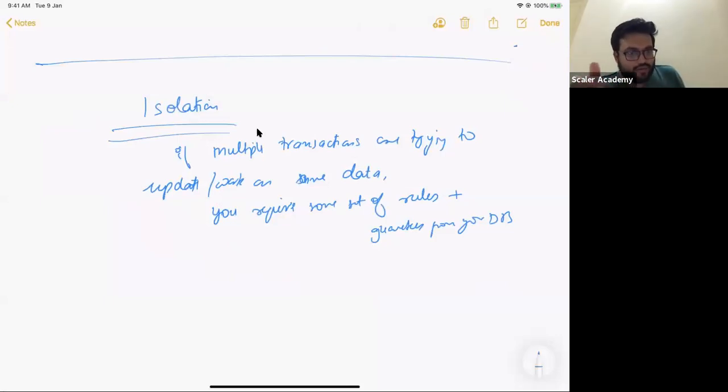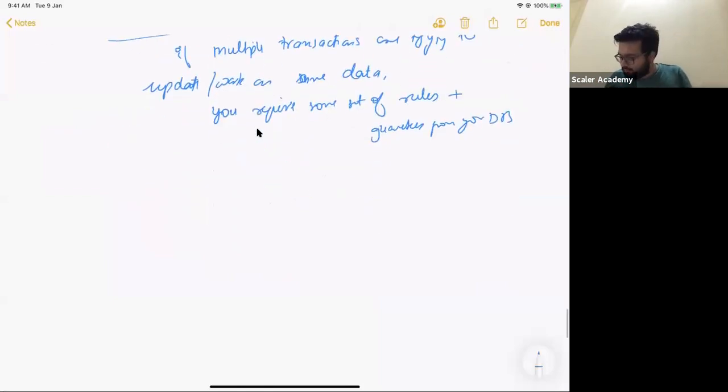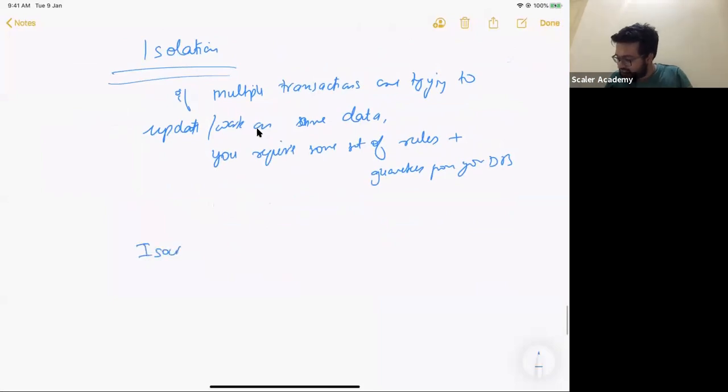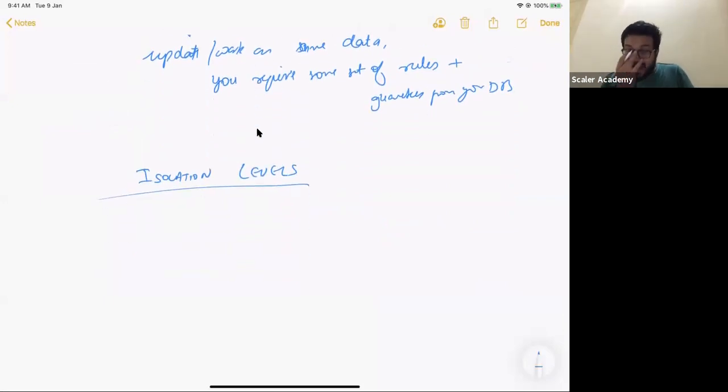We will try to build it more going forward. Okay. So basically, there are a few contracts that you see in transactions. There are some isolation levels. Sankalp is absolutely right. So there are some isolation levels. There essentially are 7, 8.